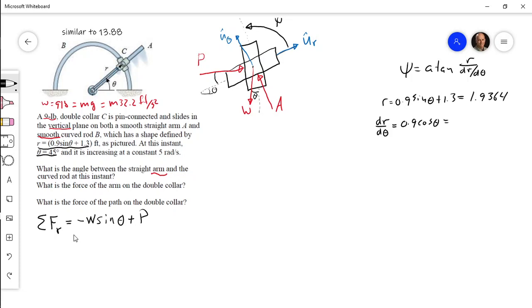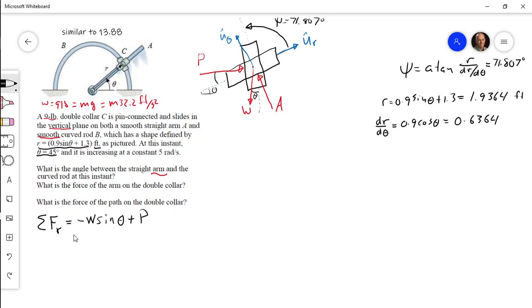And when you plug in theta is 45 degrees, you get 0.6364. And those will be in feet. So we can plug that into here, the 1.9364 and the 0.6364, and this gives us 71.807 degrees. So that's right here, 71.807 degrees.